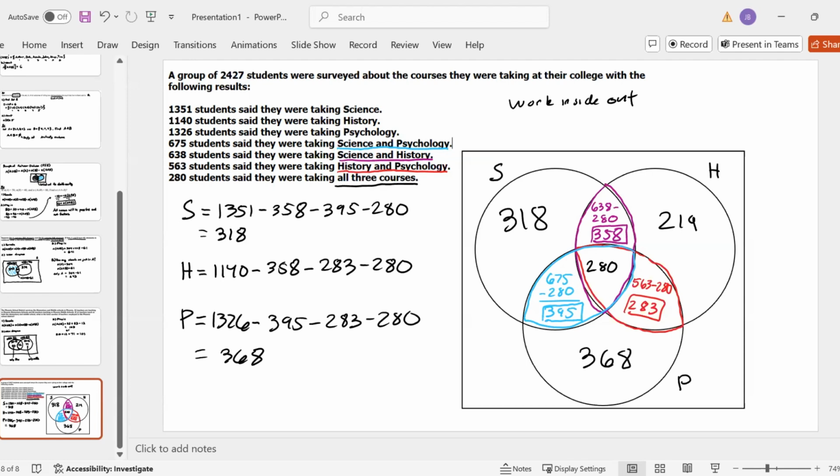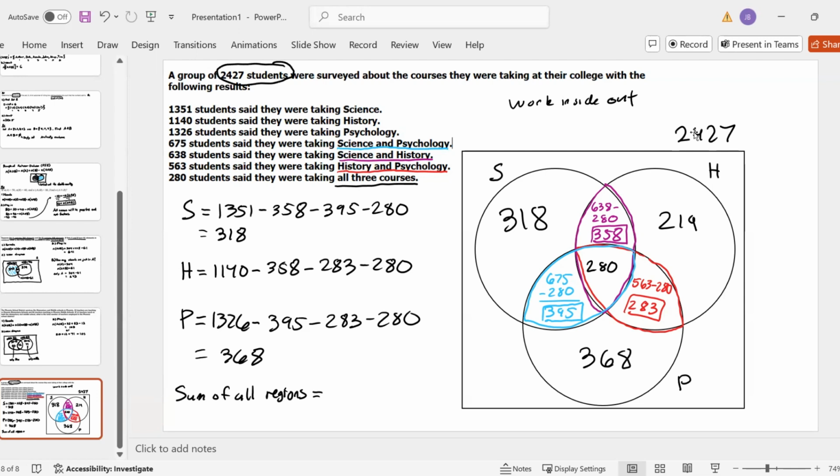Now, if I sum up all of the regions, you add up all of them, let me find it real quick. It's in the problem statement. They tell you that it's 2427 right here.